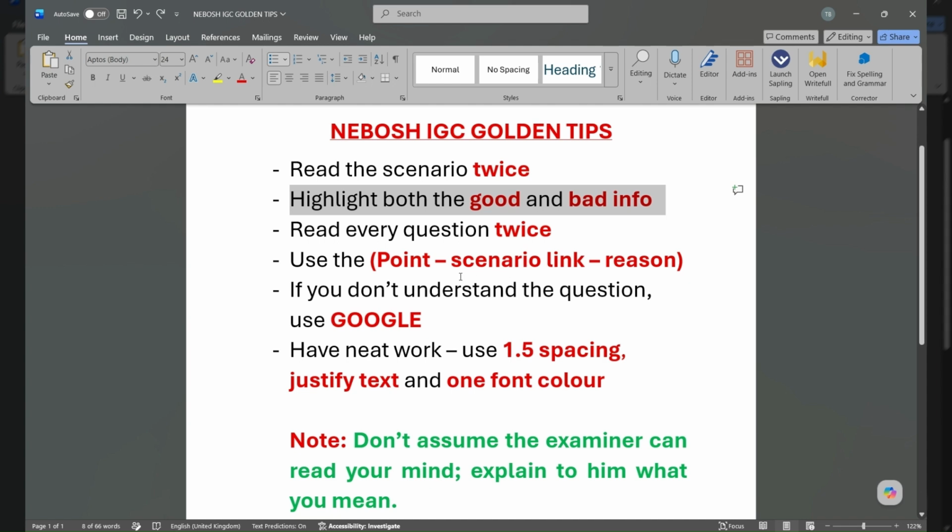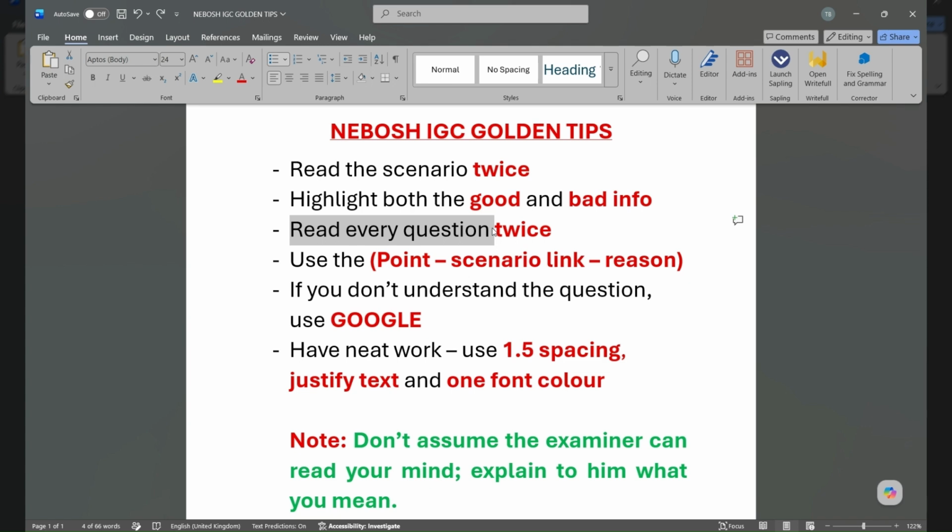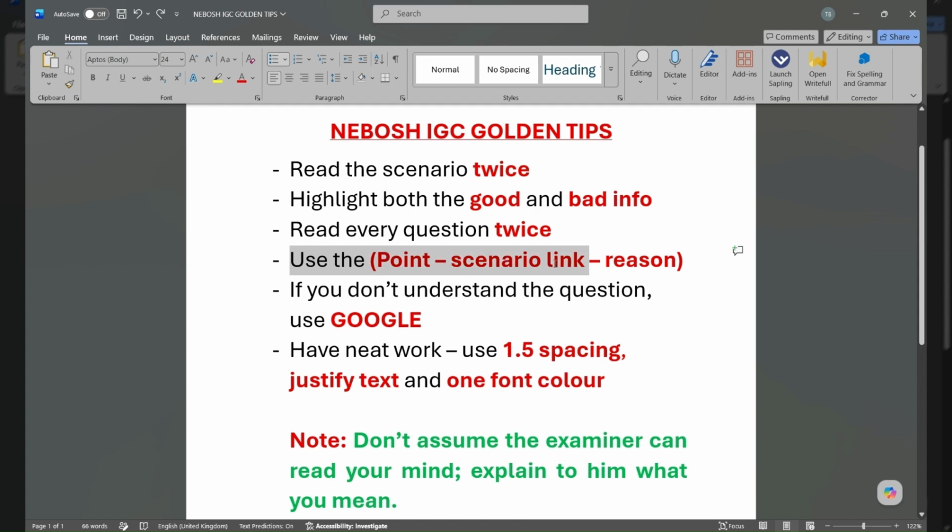Tip number 3, read every question twice. Many candidates lose marks because they misunderstand what the question is asking. Take time to identify the command word, the topic being tested, and the specific information required before you start answering. This is a very important point.